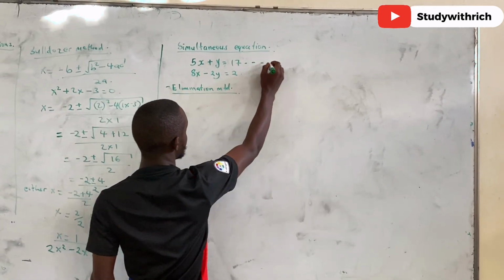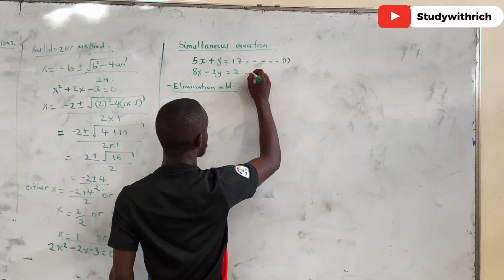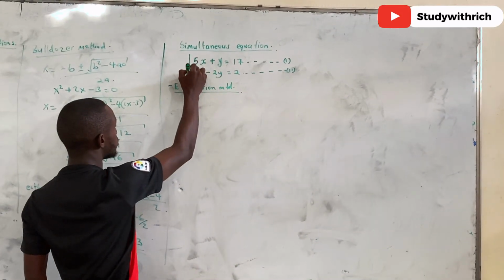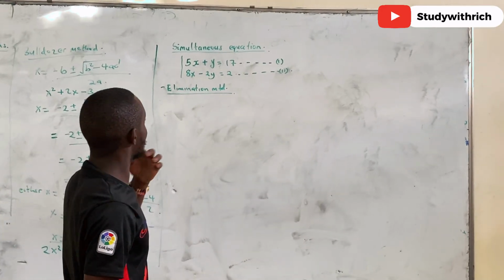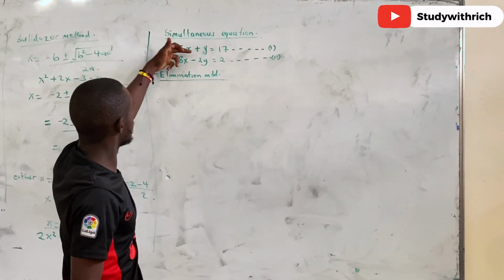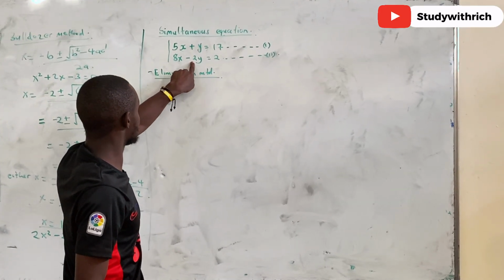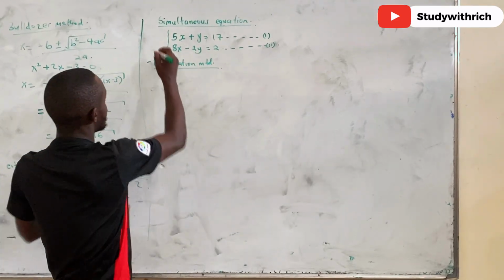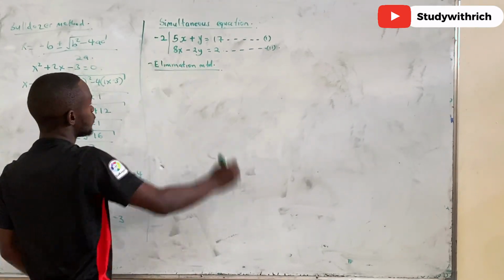So this is my equation 1, this is my equation 2. In order to eliminate this y, I'm going to put here the coefficient which is on the second equation. So here I'm going to put -2.